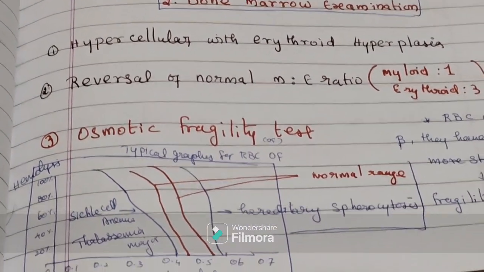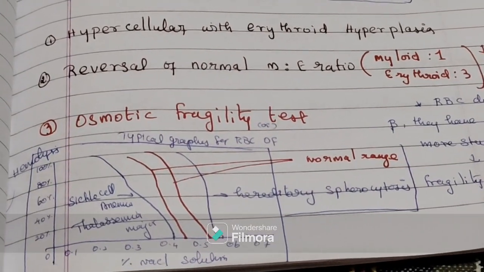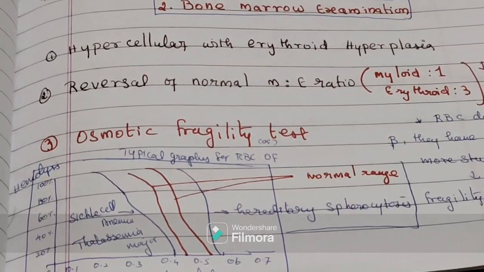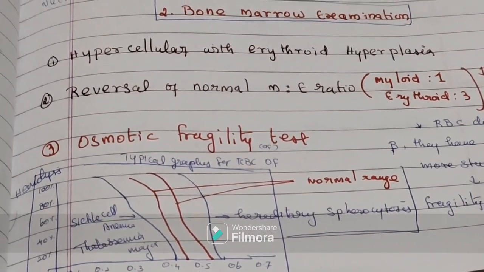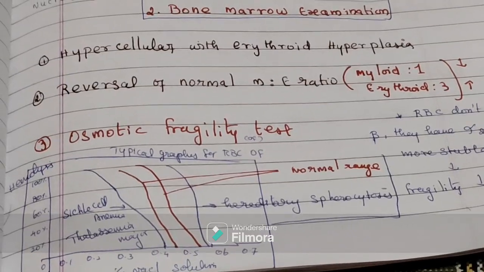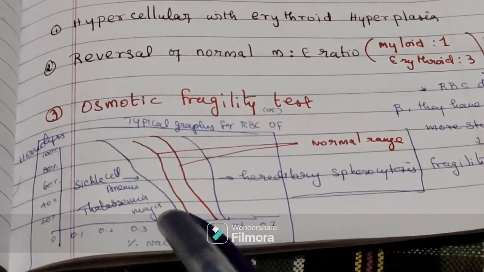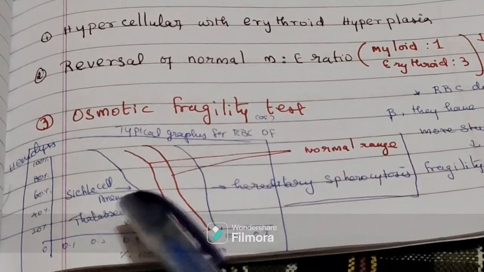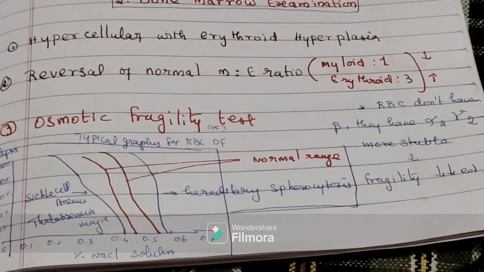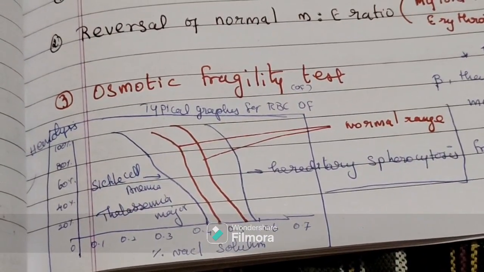Normal RBCs containing alpha 2 beta 2 are fragile to a certain extent, but RBCs that don't have beta have alpha 2 gamma 2, and they are more stable. So basically the fragility is decreased. This one is the normal range. Here the fragility is decreased. They are not fragile.